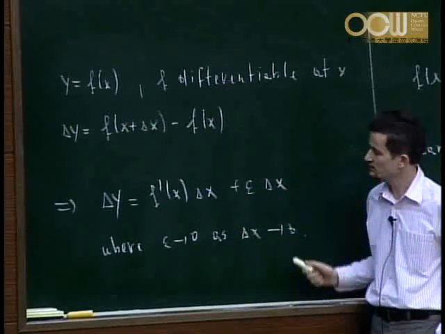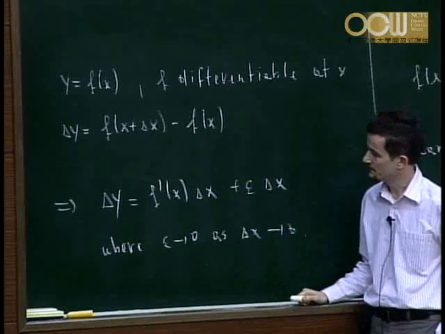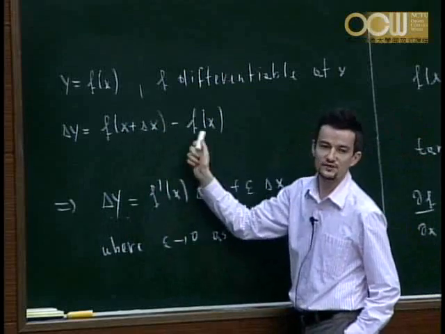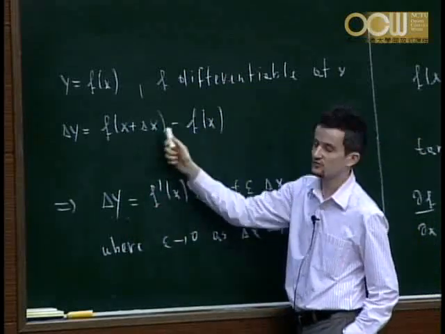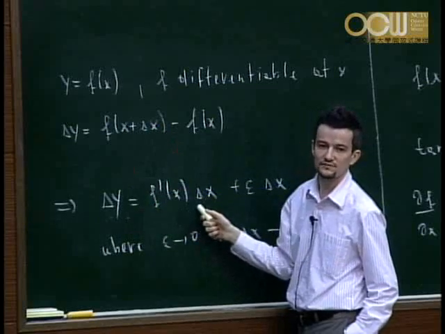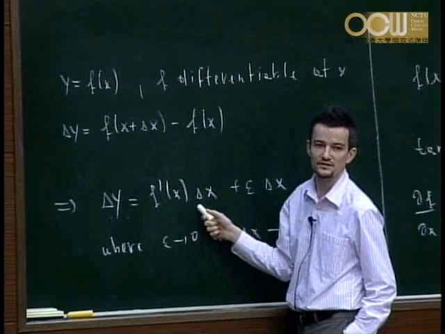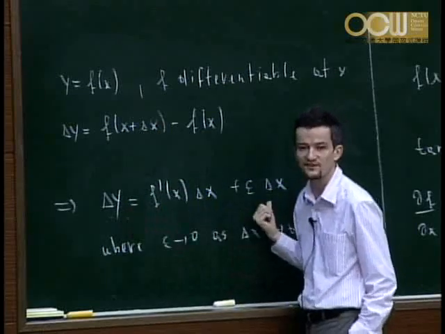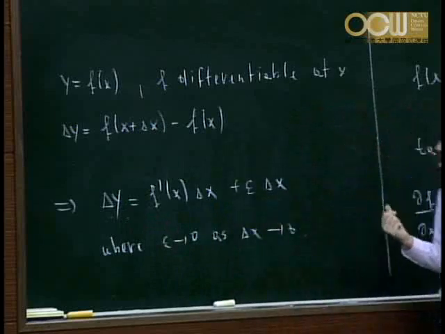Now what does this mean? Here you have the difference between the function values when you change x by delta x. This is the same difference, but if you look at the tangent instead of the function. The difference between them gets small as delta x goes to 0.